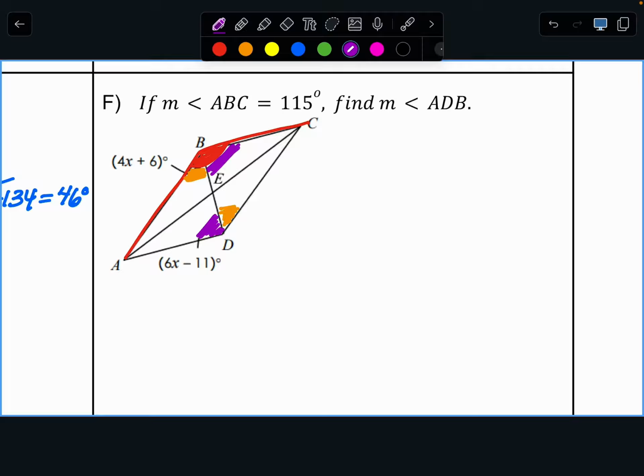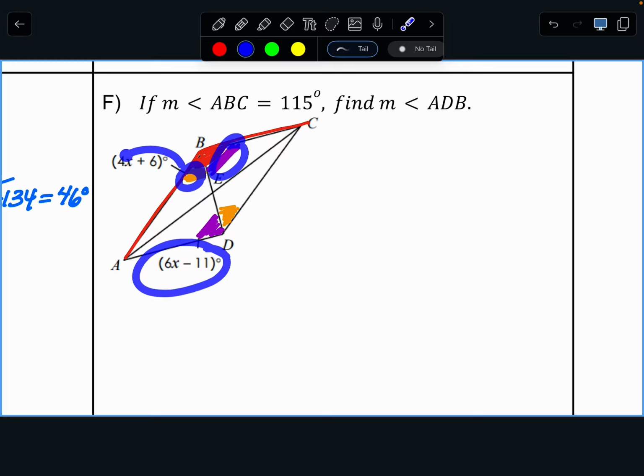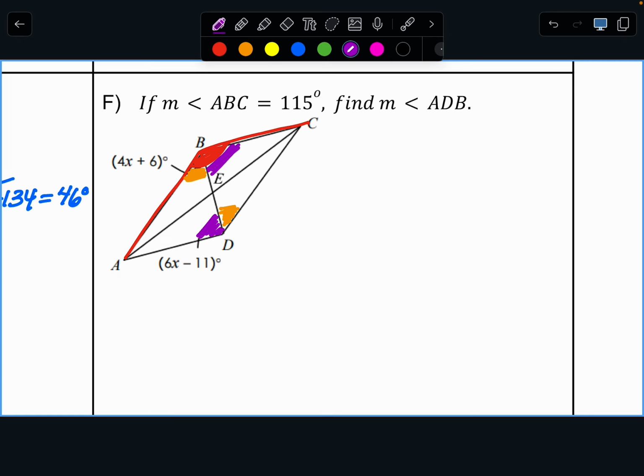Those are alternate interior angles. They are congruent between parallel lines. This is a parallelogram. So what that means is, notice that purple has an expression and orange has an expression. So that means I can just put this one up here. So now I have two things that I know equal 115.